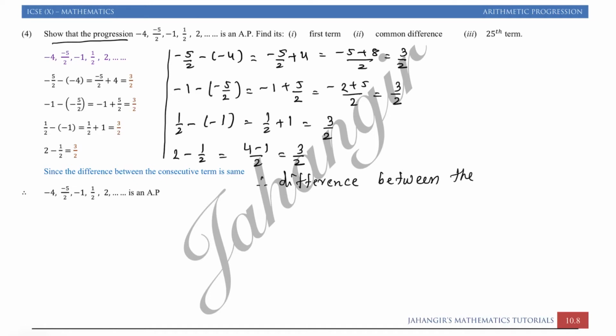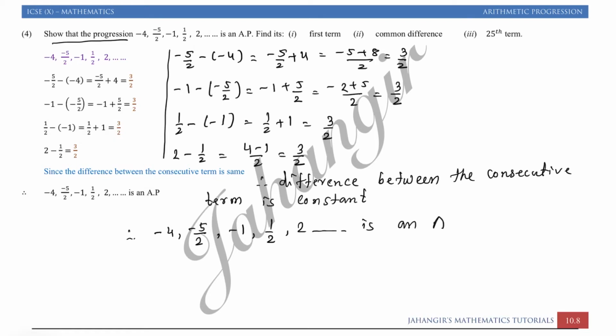Difference between the consecutive terms is constant, therefore I can say minus 4, minus 5 by 2, minus 1, 1 by 2 and 2 is an AP. So once you get AP, we have to find first term.